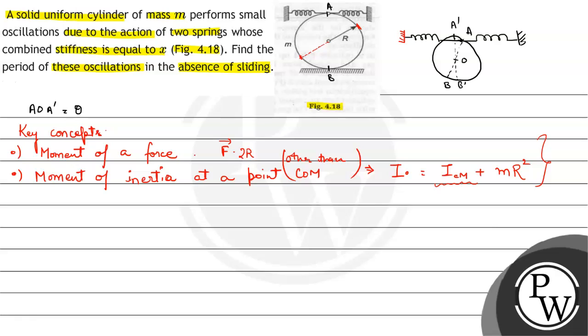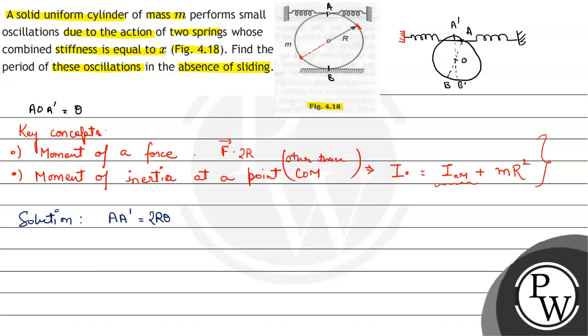Now let us jump right into our solution. So in the solution part, here A dash can be written as r into theta, by the principle of circles. So A dash can be written as r into theta whole twice.